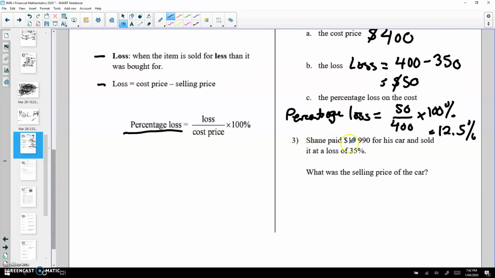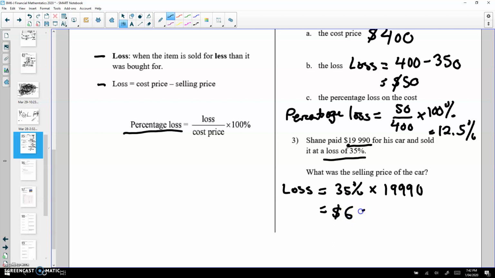Shane paid $19,990 for his car and sold it at a loss of 35%. So that means that he sold the car for less than he bought it for. So what was the selling price of the car? Well, the loss was 35%. So if we find 35% of 19,990, which you just do 35% times by 19,990, we get $6,996.50.